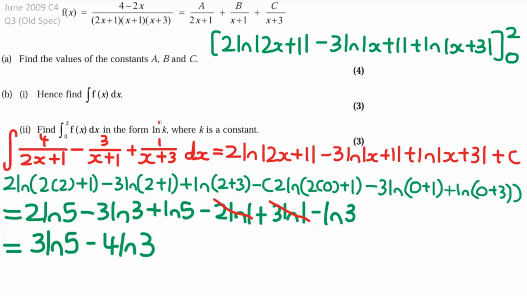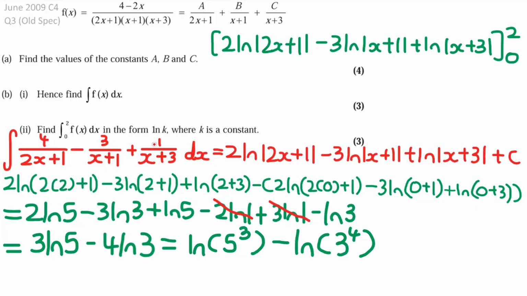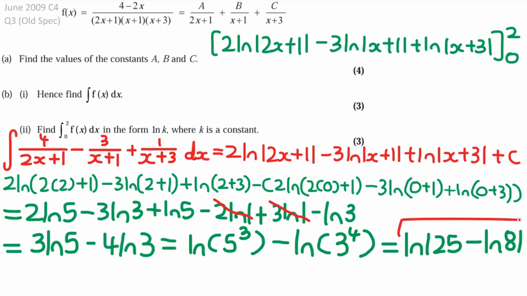Now we need to write it in the form natural log of k, so we need to get it into a single natural log. And the best way to do this is these coefficients here. What we're going to do is, remember the laws of logs, we're going to bring these into the logs as powers, like this here. So it'd be the natural log of 5 cubed minus the natural log of 3 to the power of 4. 5 cubed is 125, 3 to the power of 4 is 81, and then we have these two logs here, this natural log minus this natural log.